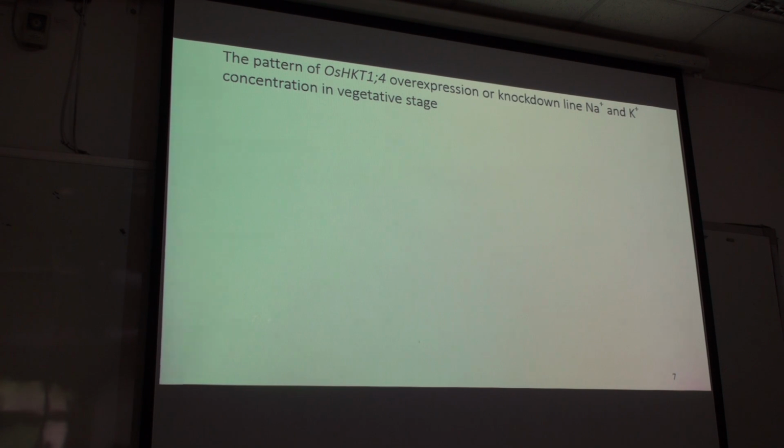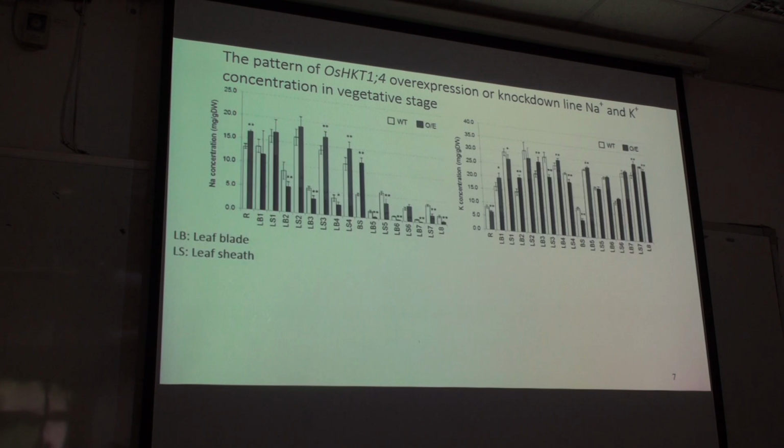And then they planted the transgenic plants in the substrates, then used ICP-MS to detect the sodium ion and potassium ion concentration in the plants. The data show that in the overexpression line, the roots and the young and old leaf sheaths have higher sodium ions than the wild type.